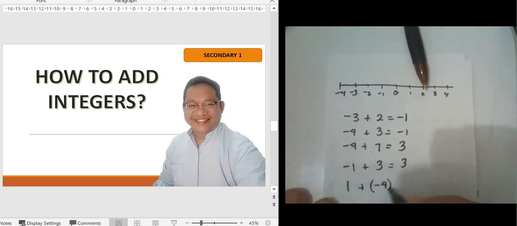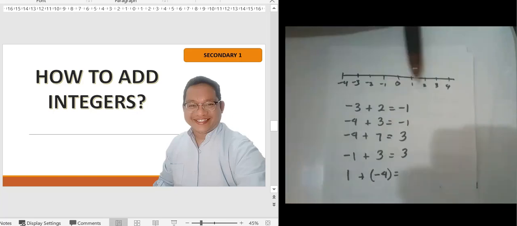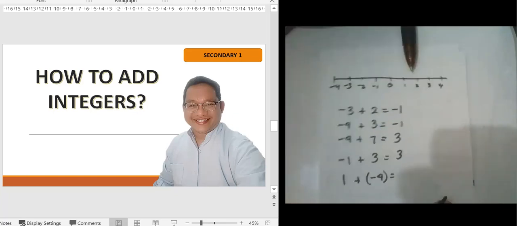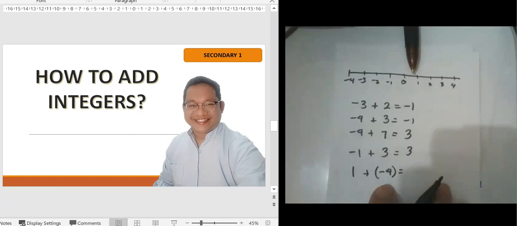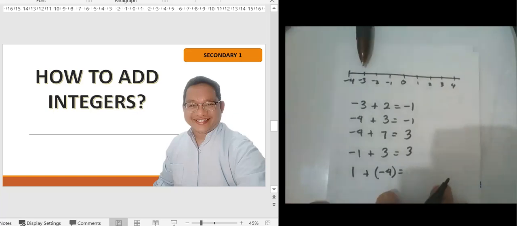I'm going to put the -4 like that. You start with the 1, plus -4, meaning you go to the left 4 units. So from 1, then 1, 2, 3, 4. The answer is -3.